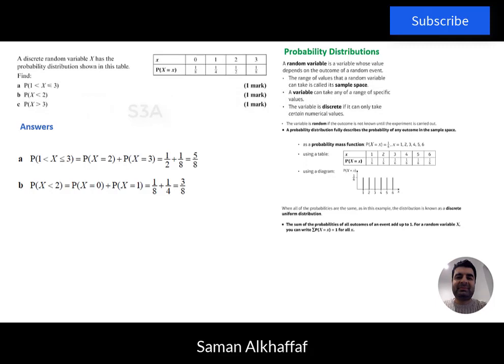So we're looking at an eighth plus a quarter, and that would give us 3 over 8 for part B. For part C, we're looking at when X is bigger than 3. We can't see any values bigger than 3 here, so the probability will be equal to 0, and this will be our answer for this question.